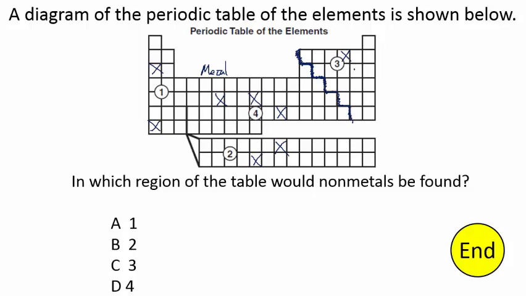If it's in any of these boxes, these are considered the nonmetals because their properties are different. And there's lots of other things about them that are different, but for now, this group above the staircase and to the right of the staircase is considered nonmetals, so we will choose region C.